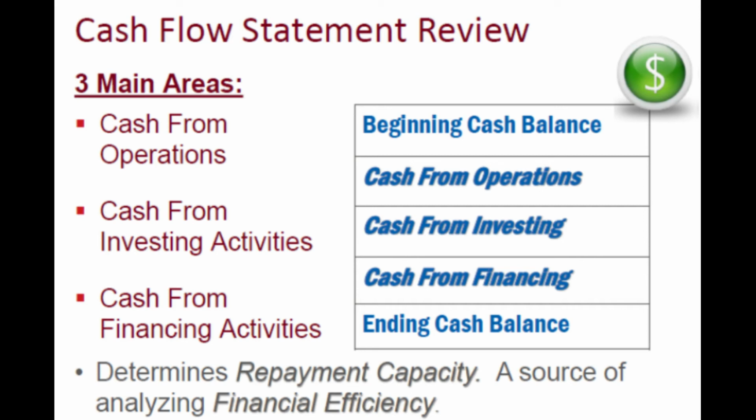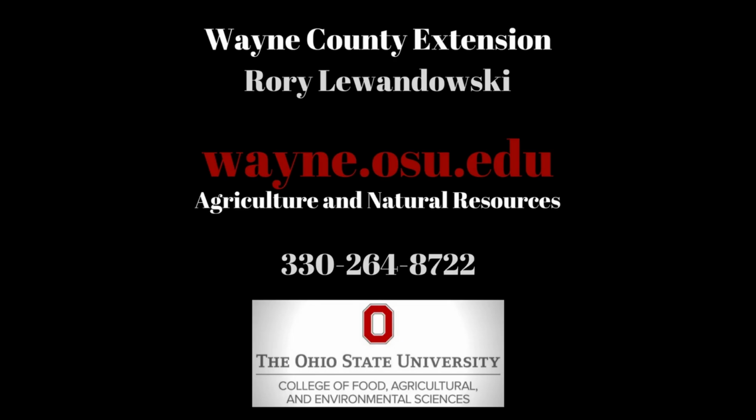Rory, finally, we have covered two financial documents very briefly and could obviously spend a lot more time on this topic. Where can somebody get more information about putting farm income and cash flow statements together? And also, if they want to re-listen to this, how can they do that? Okay. Again, they can contact me at the Wayne County Extension Office at 330-264-8722.